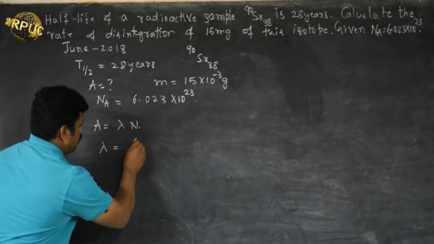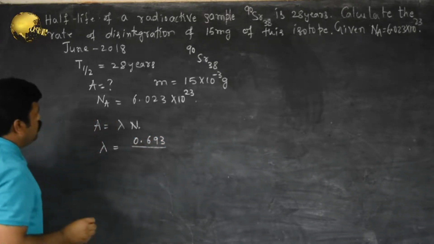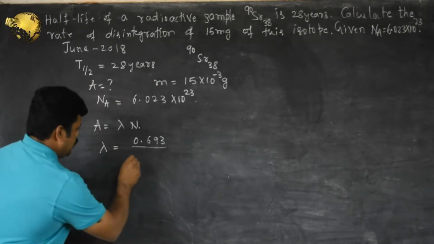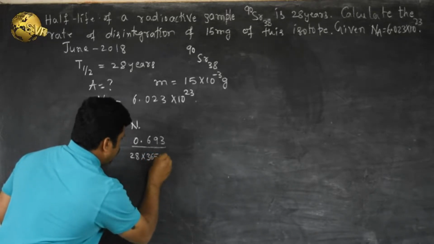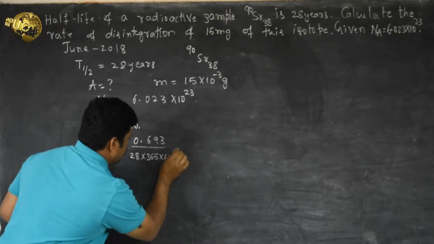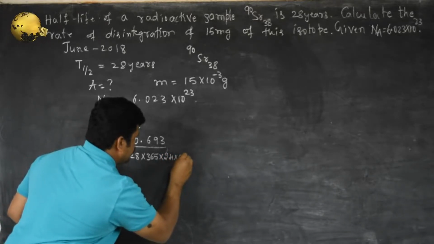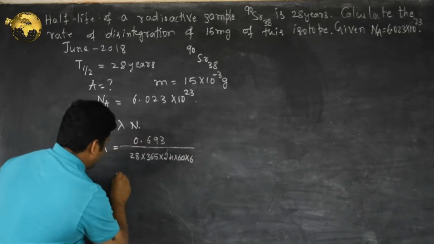Lambda is equal to 0.693 divided by 28 years. So let's convert it into seconds. That is 28 into 365 into 24 into 60 into 60. So let's find it out.